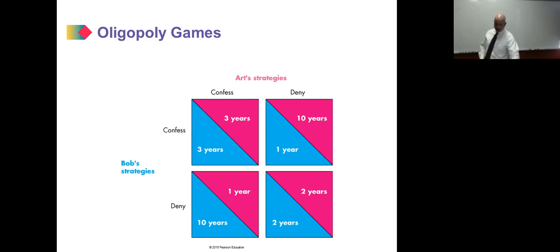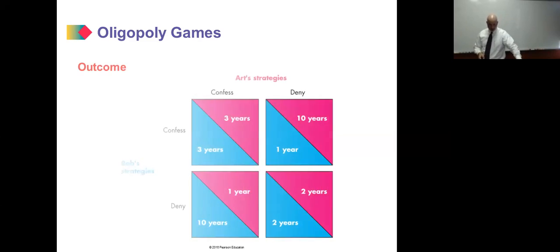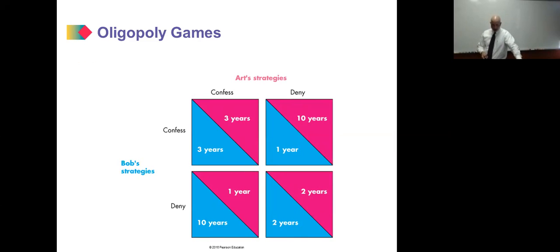Does everyone know how to read and interpret this matrix? All right, remember, we can see Art's numbers here in red and Bob's in the blue.